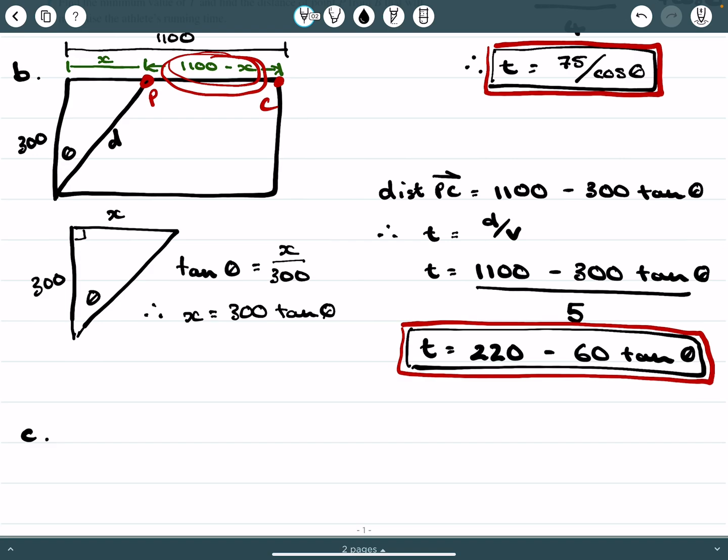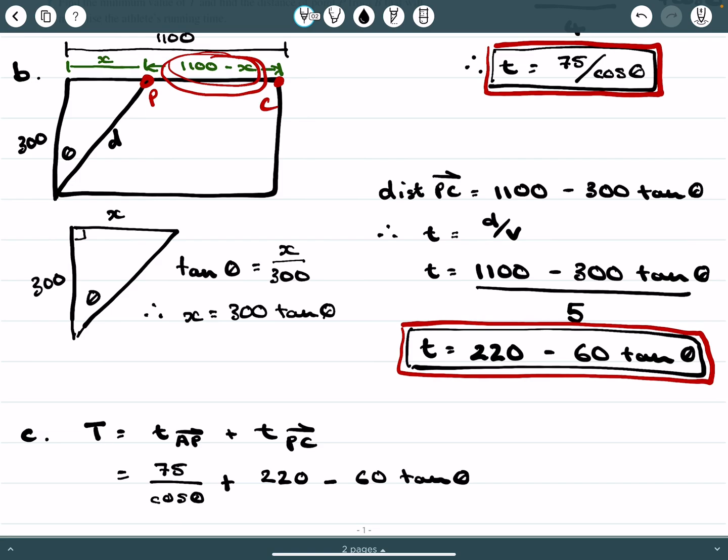What we want to do to find the total time is to say time A to P plus time P to C. And we've already found those.